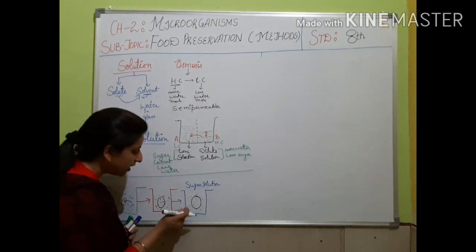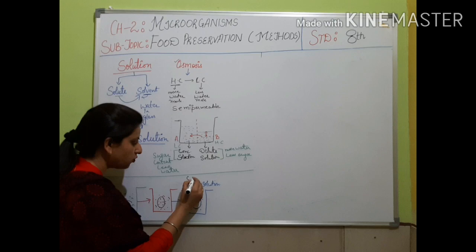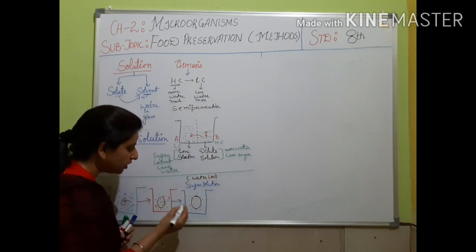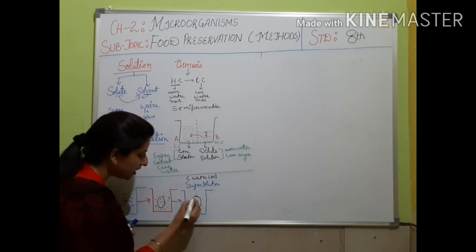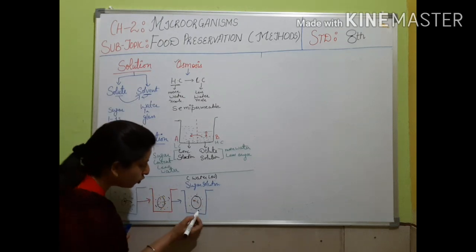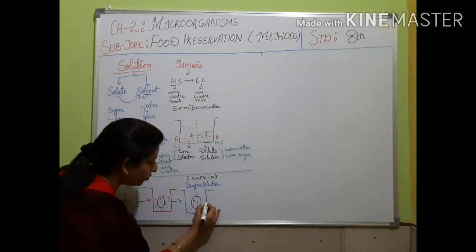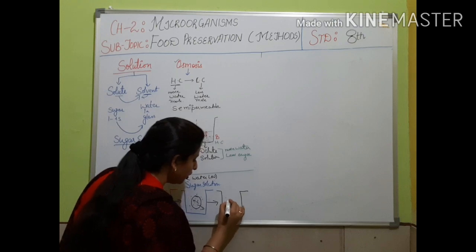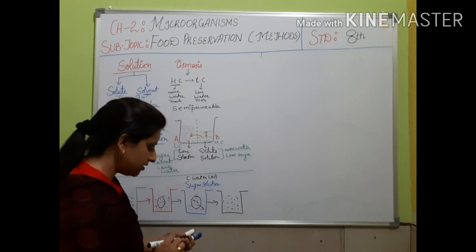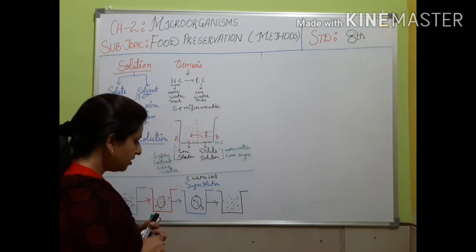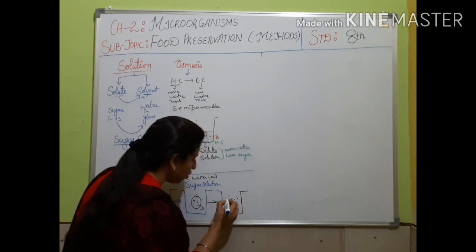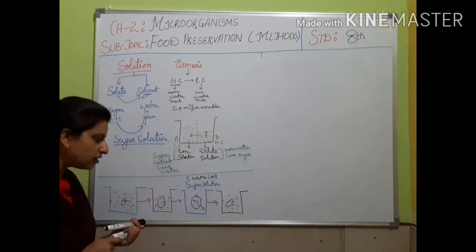So outside, in the sugar solution, the concentration of water is low, and the water has higher concentration inside the raisin. The water will move from inside to outside, and at last we got the raisin in shrunken form, small in size. Why small in size?